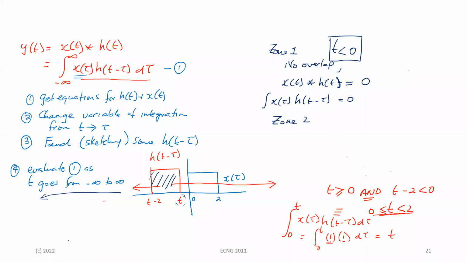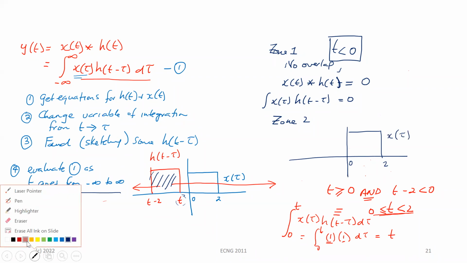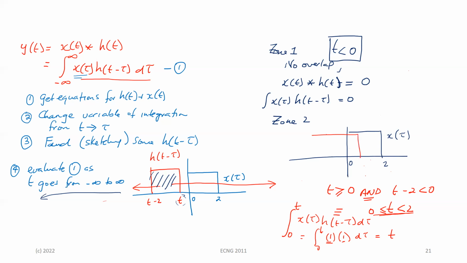So draw back. So we have this is x, 0 to 2. This is x tau here. We are sliding h continuously on the time axis. So this is h here. This is the point t. This is the point t minus 2, right?